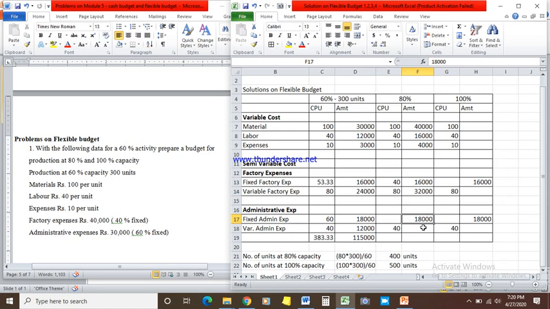Similarly, administrative expenses, fixed administrative expense 18,000, so per unit 18,000 divided by 400, it comes to 45. So 40 into 400. So in this way, at 80% capacity, the cost per unit comes to 355, whereas the total cost comes to 1,42,000.